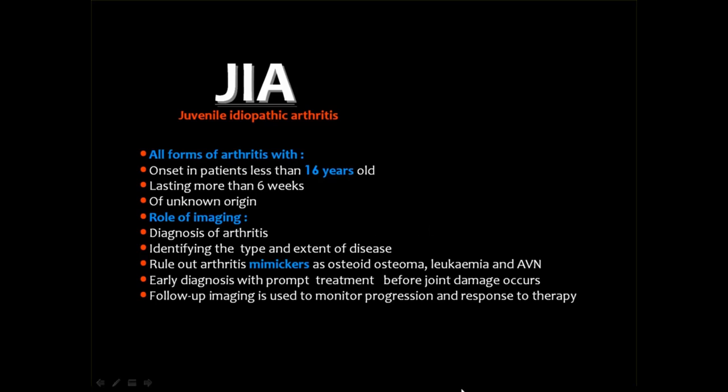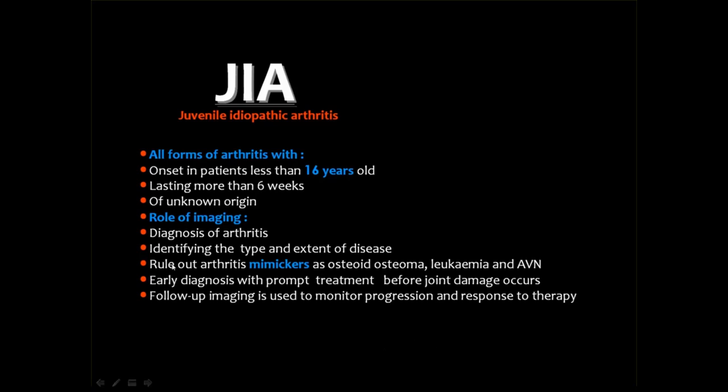Then what is the role of imaging in such conditions? It is to diagnose the presence of arthritis by the presence of inflammation of the synovium and intrasynovial fluid. There may be some erosive changes in the opposing surfaces of the joint.